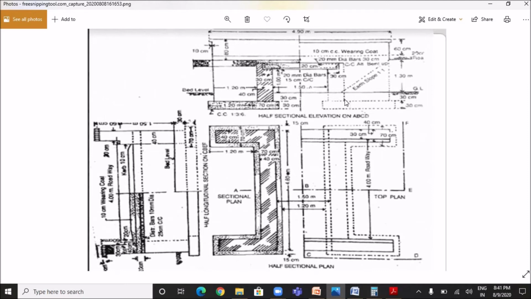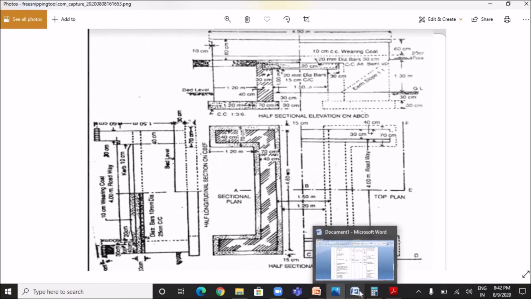and its breadth is going to be from this point to this point. So its entire breadth is 2.3 meter, 1.5 plus 0.4 plus 0.4, which equals 2.3 meter, and its depth is 10 centimeter or 0.1 meter.